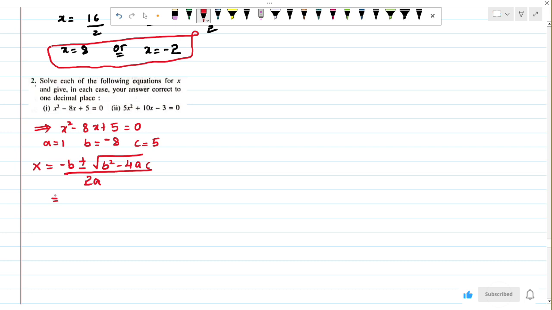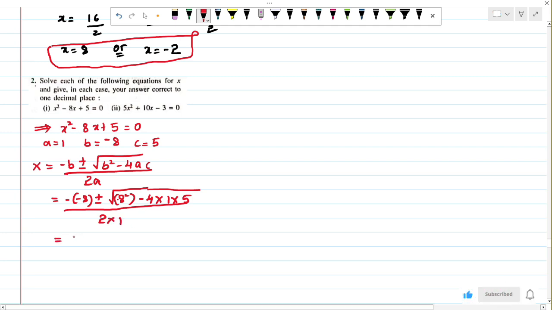So what are the values? Minus b is minus of minus 8, plus or minus root of b square, 8 square, minus 4 into a which is 1, into c which is 5, divided by 2 into a, which is 1 here. So 8 plus or minus root of 64 minus 20, divided by 2.